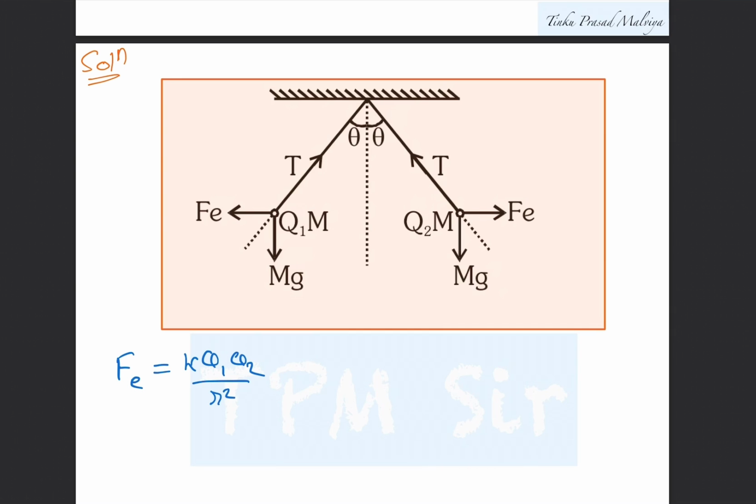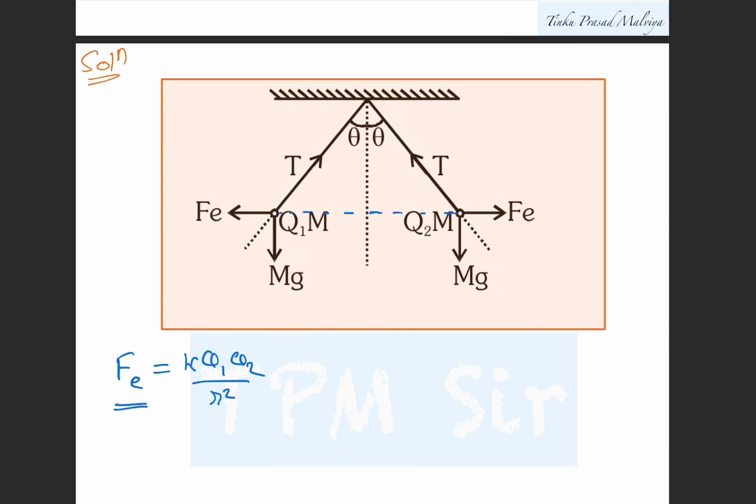Now we note by Newton's third law, this force Fe is acting on both the charges. Doesn't matter q1 q2 is same or different, both are experiencing a force of Fe, same magnitude, and along the line joining both the particles.